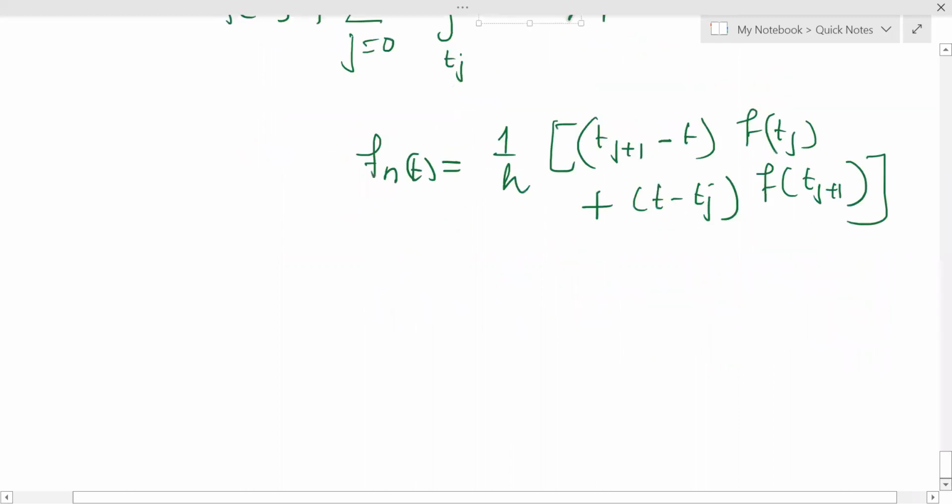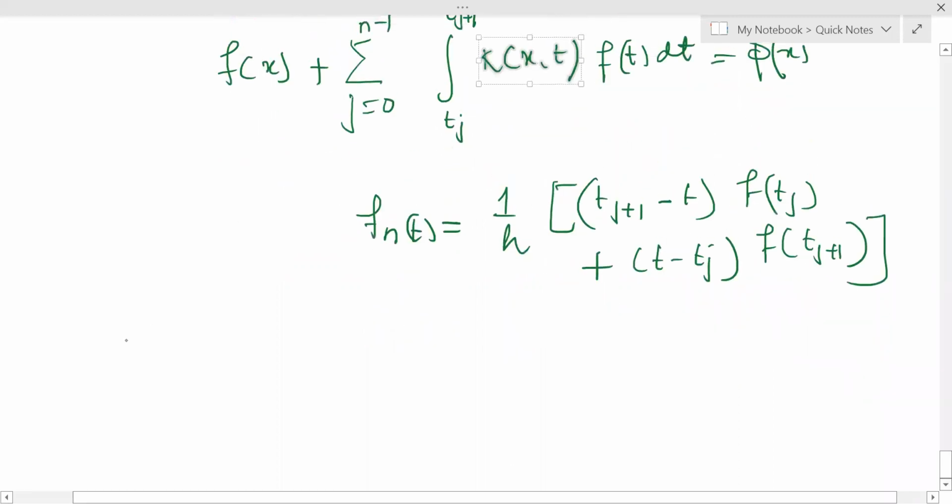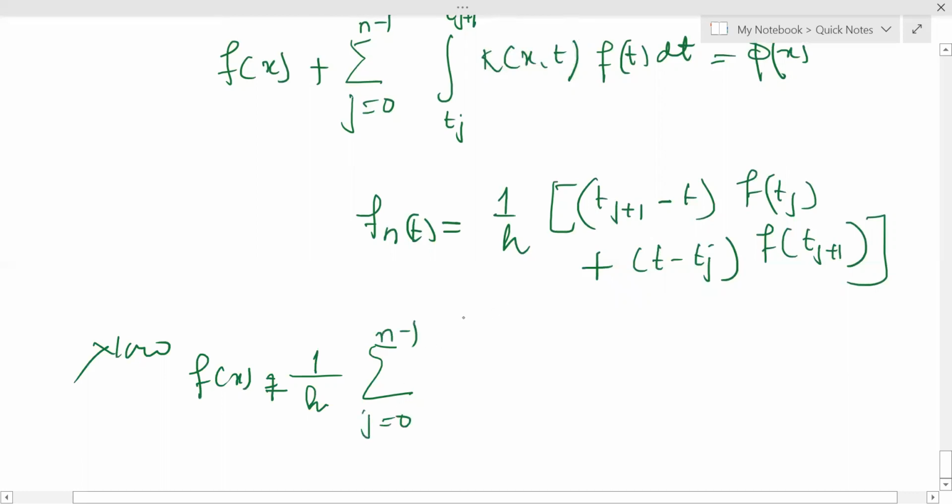So the result becomes f(x) plus 1 by h, summation over j is equal to 0 to n minus 1, integration of this function between t_j and t_{j+1}.